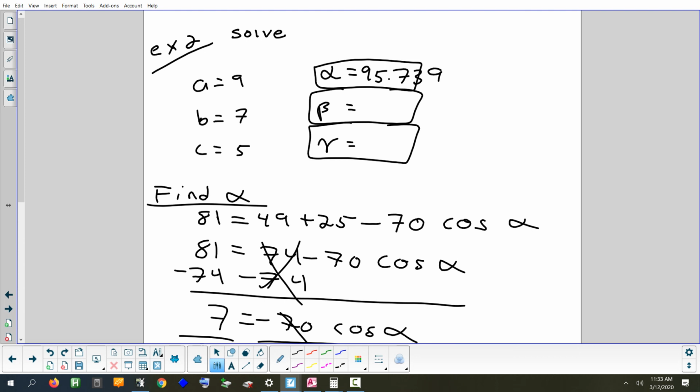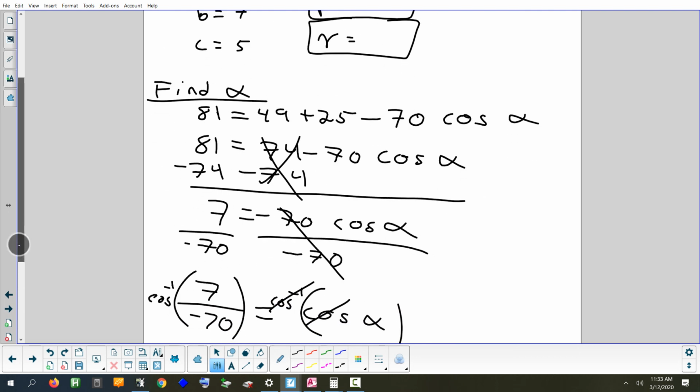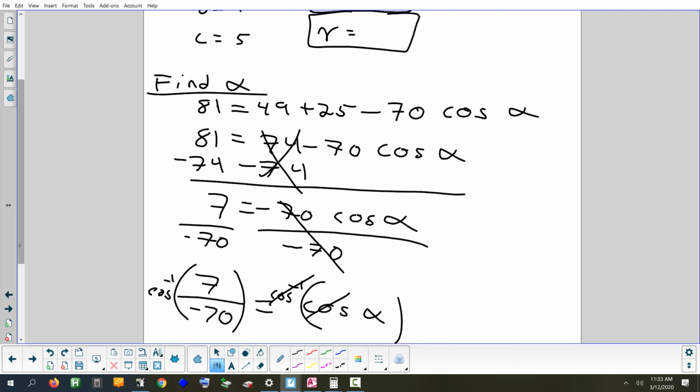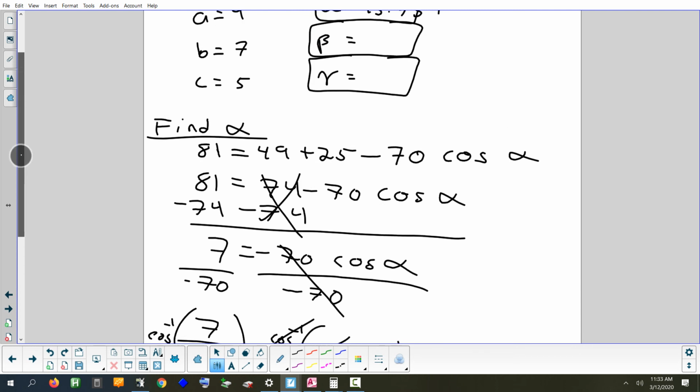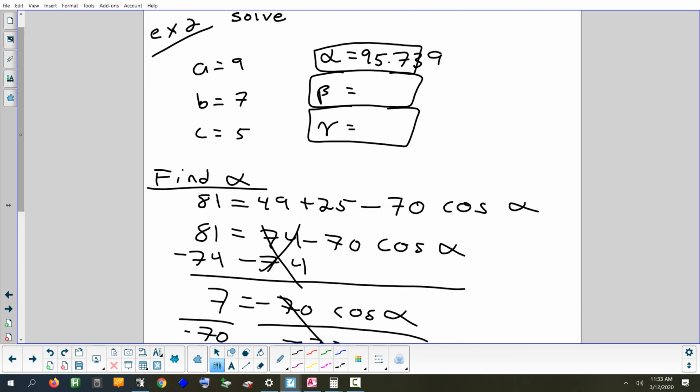So is there any question on how you would do these steps one more time to get beta or gamma? Now, can anybody think of a kind of triangle where you could do law of cosines once and you'd be done? What would have to happen in terms of side, side, side?